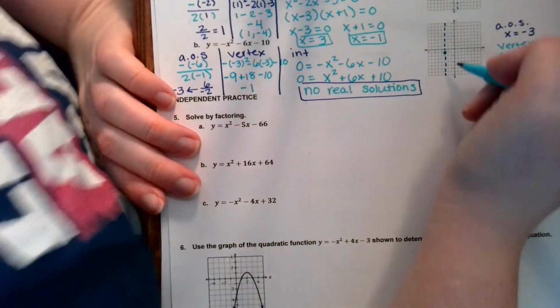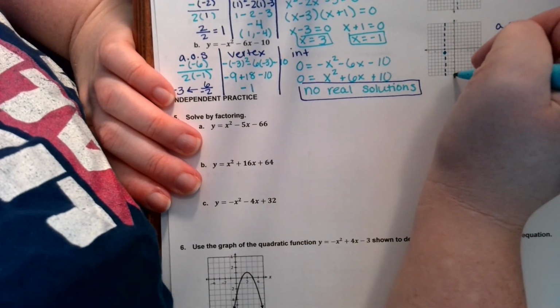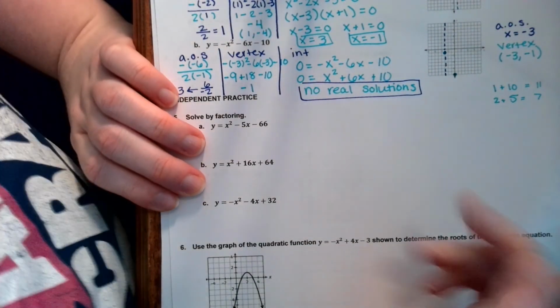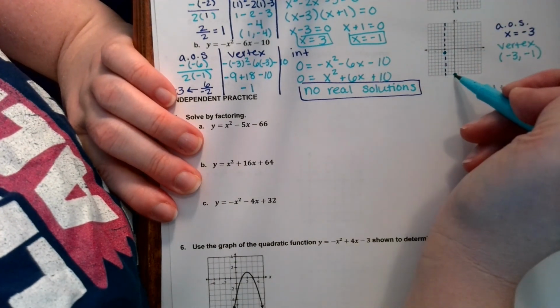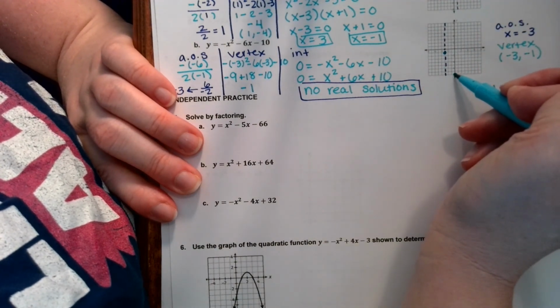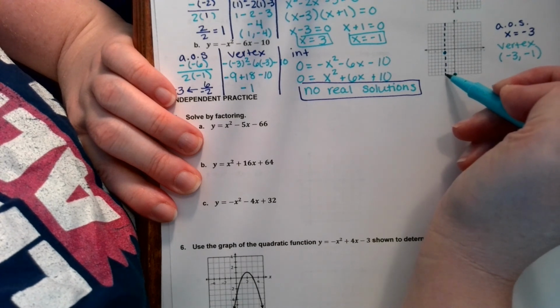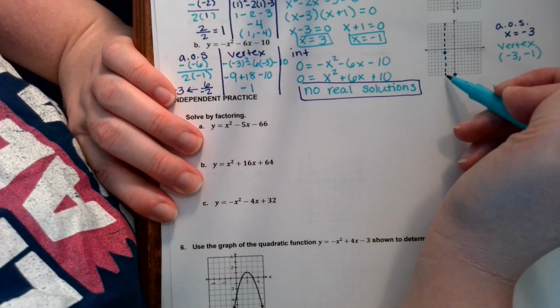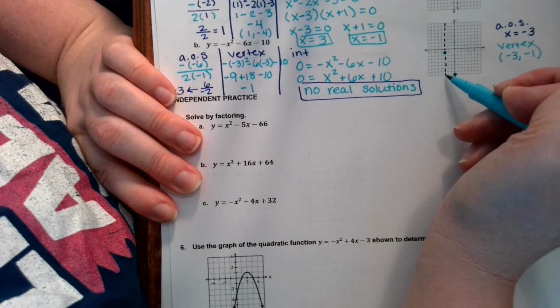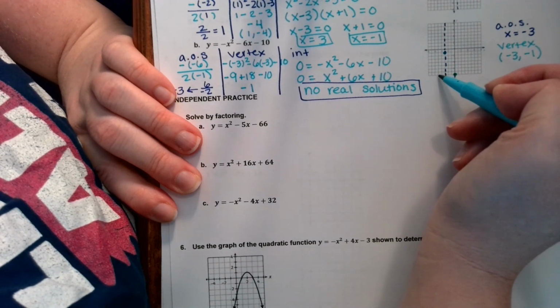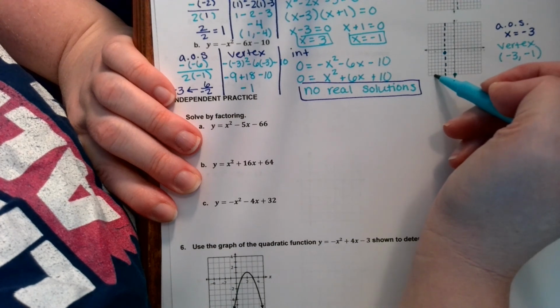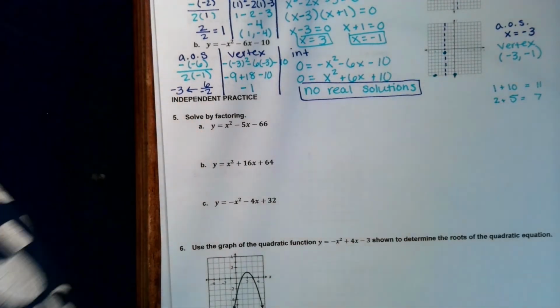Okay, so I plugged 0 in and got negative 10, which would be down here. So we're going to use our axis of symmetry. This point at negative 10 is 1, 2, 3 units away from the axis of symmetry, which means I should have a point at negative 10, 1, 2, 3 units on the other side. And now I got some points.